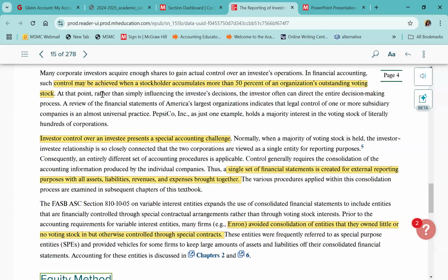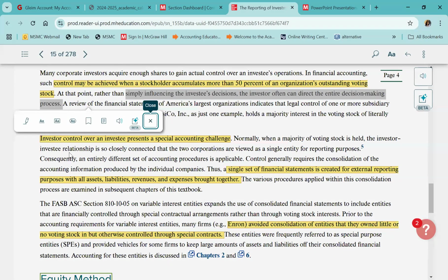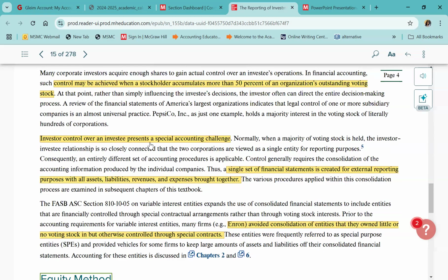Okay? So now we are not just influencing the decision, we can actually make the decisions. The investor can direct the entire decision-making process because we own more than 50%. We can make the decision. All right? Investors' control over an investee presents a special accounting challenge.